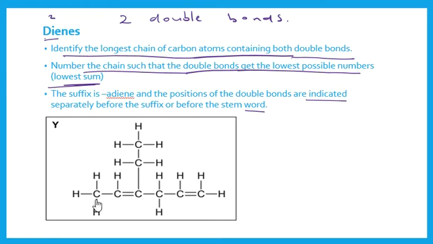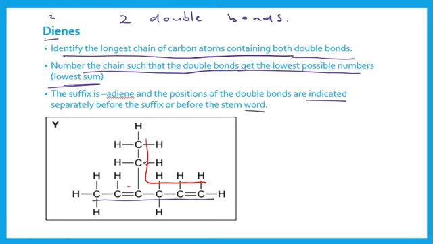So it means this is our longest chain of carbon atoms. Note that I cannot say this is the longest chain. I cannot go like this because the red chain does not include this double bond.